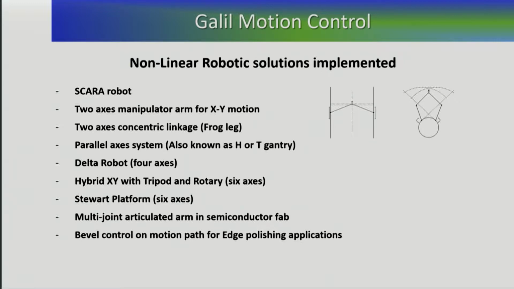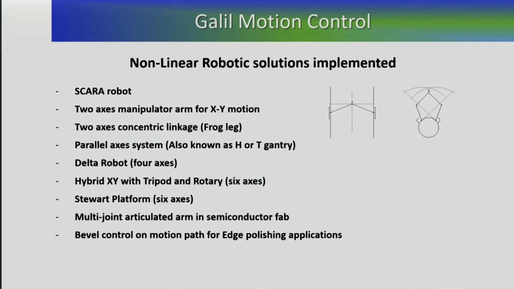So this again minimizes the floor space requirement, and those typically become much more usable if you're going to transfer parts from one station to the next station or one bay to the next bay. So that's a concentric frog leg robot.